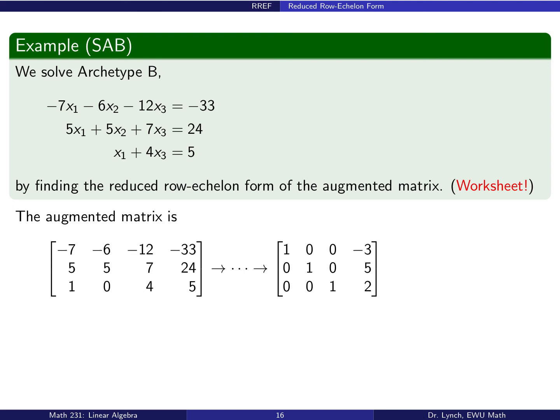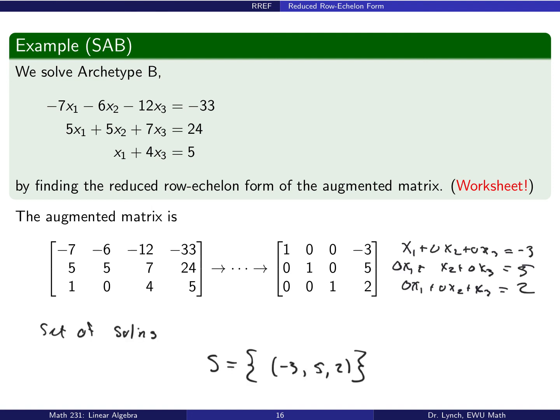In any case, this new matrix is pretty simple, and we can quickly interpret our results here. The new system of linear equations, represented by this augmented matrix in its reduced row echelon form, has solution x1 equals -3, x2 equals 5, and x3 equals 2. That's about as simple as it gets, and that's the solution to this system. So we'll simply represent that unique solution as -3, 5, 2.